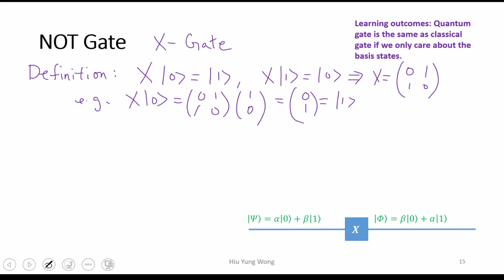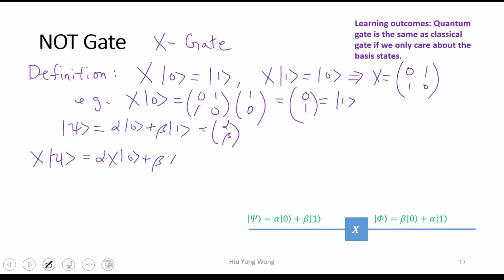So you see that it does flip the basis states from 0 to 1 and 1 to 0. In general, if I have psi equals alpha 0 plus beta 1, which is alpha beta, I have two ways to do this. I say X applied to psi. Because this is a superposition and quantum mechanics is linear, this is equal to alpha X on 0 plus beta X on 1. Are you okay with what I'm saying?